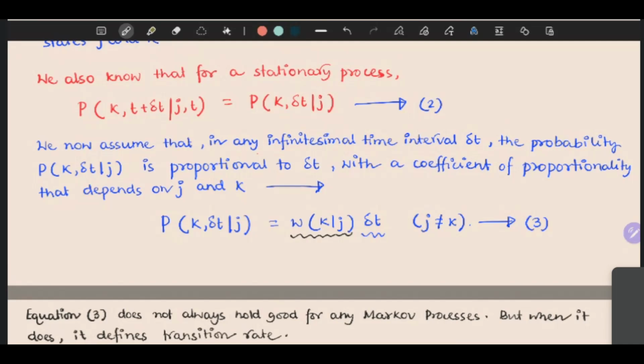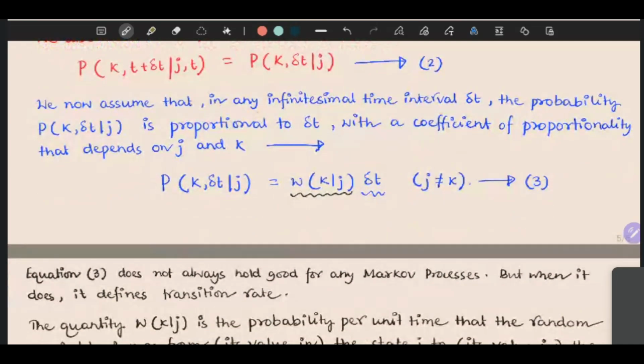Okay, how? Because you can write it like this.